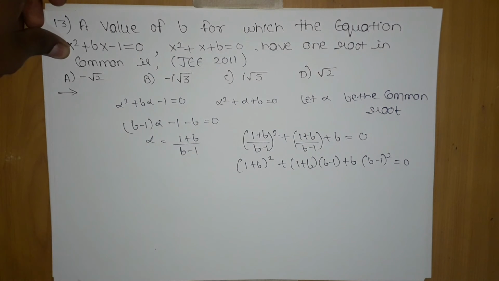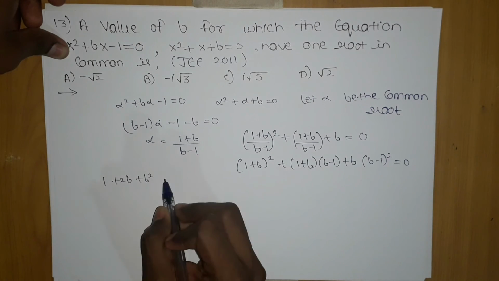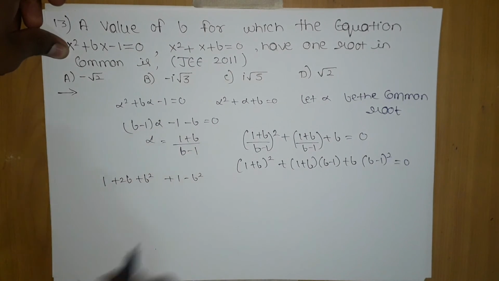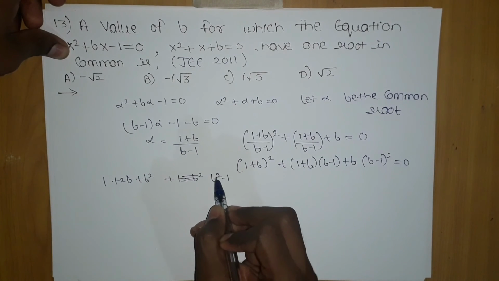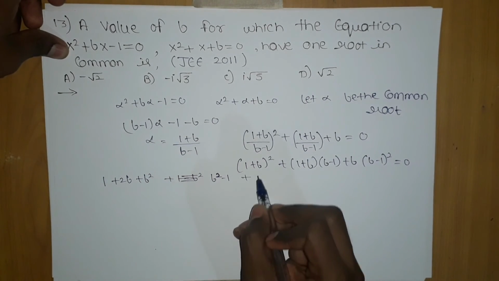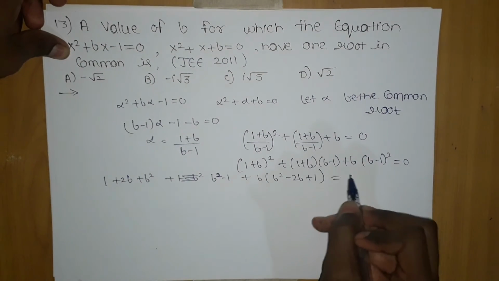Now let's open this. It will be 1 plus 2b plus b square, plus b square minus 1, plus b into b square minus 2b plus 1 should be equal to 0.